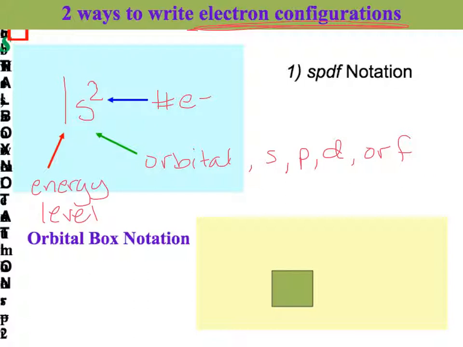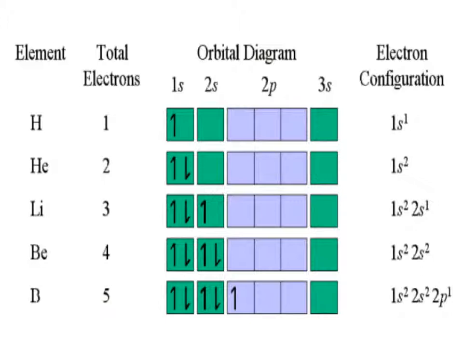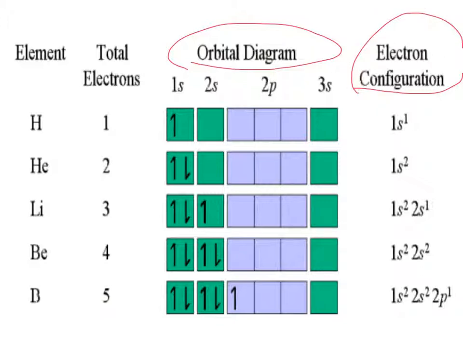Or we can use the box notation, where instead of writing the exponent, we would write arrows to indicate you had 2 electrons in the first energy level, in the S orbital. Here are some more examples of diagrams: orbital notation, orbital diagram, and electron configuration, or that SPDF notation we talked about.